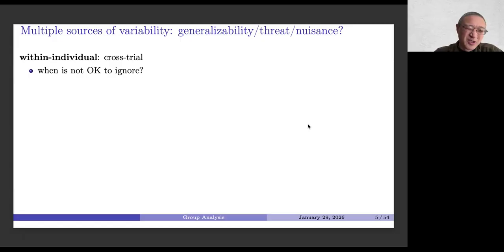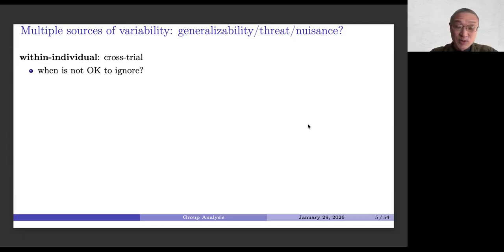That's just for convenience because we only care about the average across all the trials. So suppose we have 20 trials, then the cross-trial variability is fully ignored. Is that a problem? Most of the time it's okay if the number of trials is big enough.